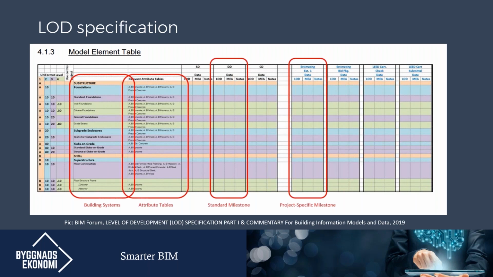So combining the expected level of detail to the milestones and the design phases of the project, where a standard milestone might be the detailed design level, but might also be estimating at this specific date: I'm going to do an estimate on this level of detail, and for that I need this specific object on this level of detail so that I can obtain the data I need.